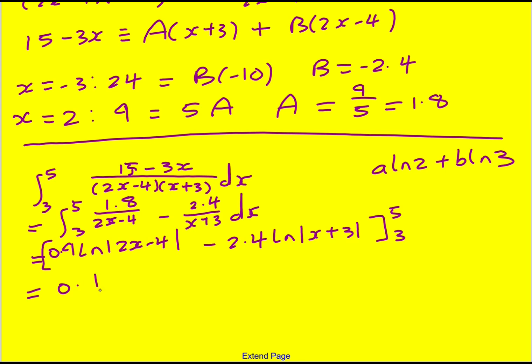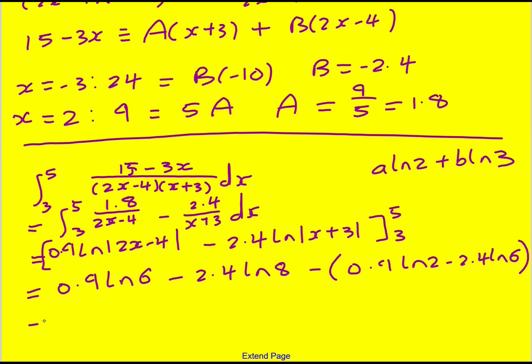And let's sub these values in. So 0.9 times ln 6 minus 2.4 ln 8 minus 0.9 ln 2 minus 2.4 ln 6.